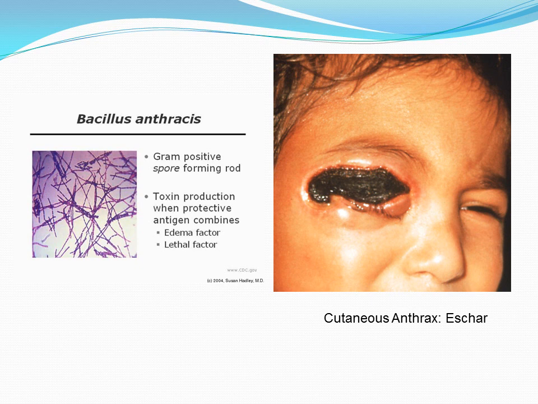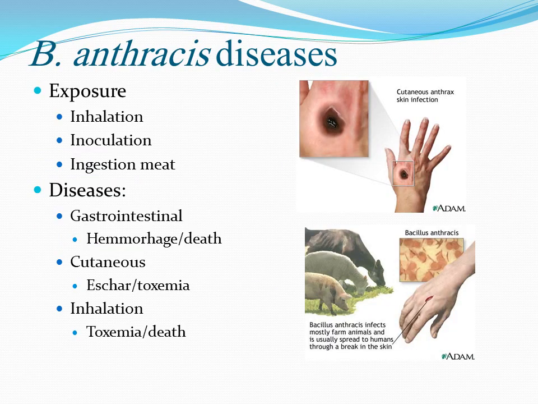This is clinical form number 1, cutaneous anthrax or malignant pustule. As we said before, exposure depends on the type of clinical form: inhalation in pulmonary, inoculation in cutaneous, and ingestion of meat in enteric anthrax.